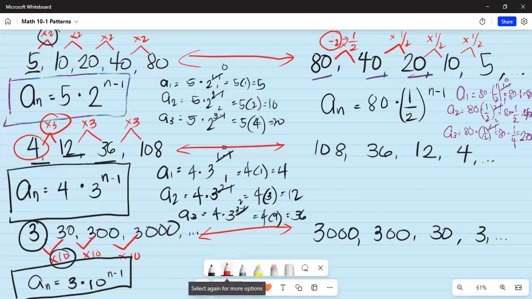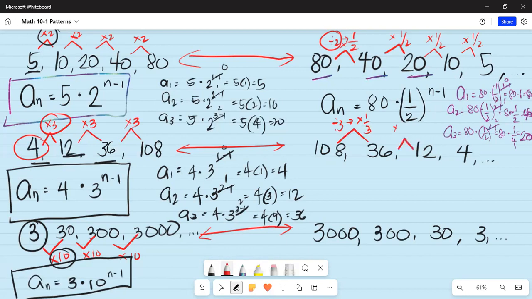So let's have this next example. 108, 36, 12, 4. Same process. You need to divide by 3. But instead of doing division by 3, let's just express it in fraction form, and that's multiplying by 1/3.